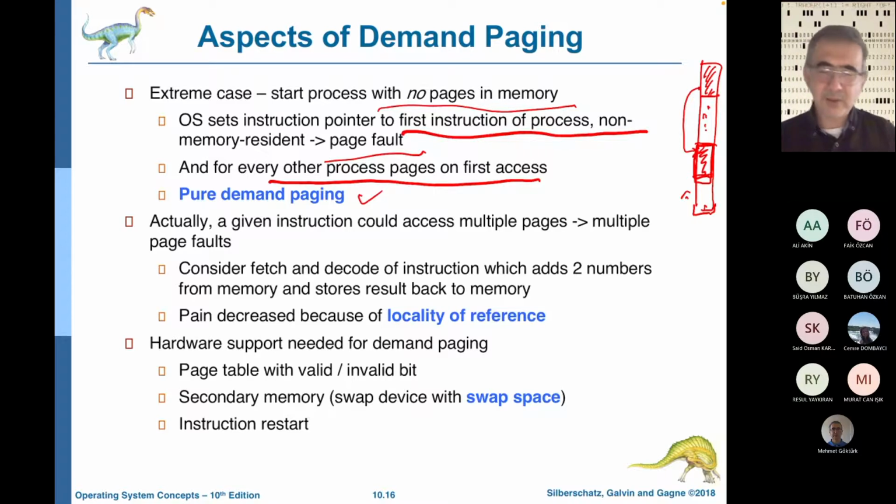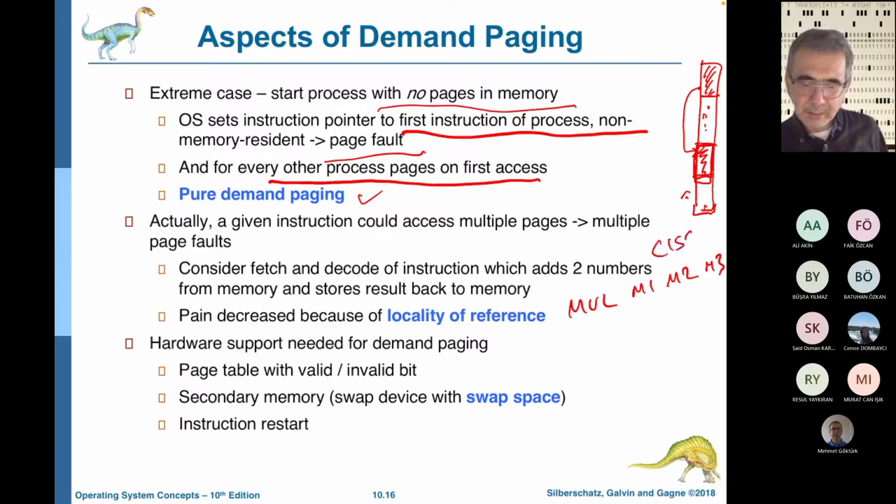Sometimes one instruction, such as multiply memory 1 and memory 2 and store the result into memory 3. There are such instructions in CISC microprocessors like Intel. Multiply the number in this location with the number in this location, and put the result in another location.